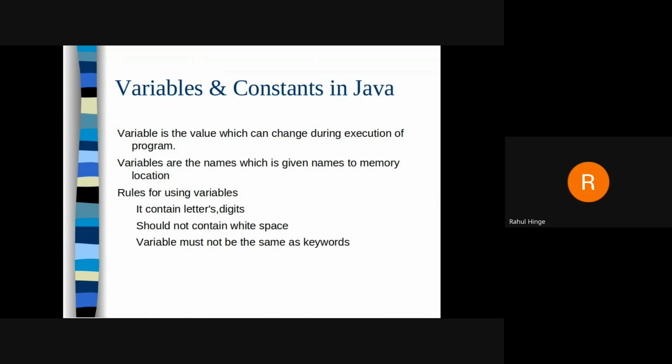The second statement: variables are the names given to memory locations. Variables are the names, and those names are given to memory locations. Now there are a few rules for using variables.